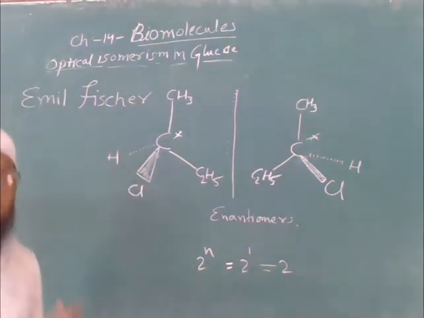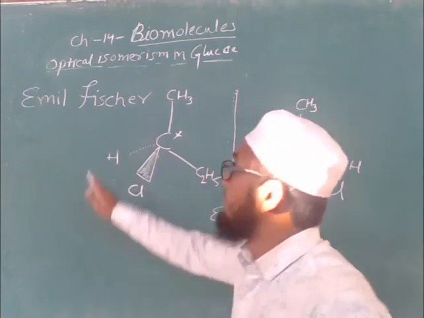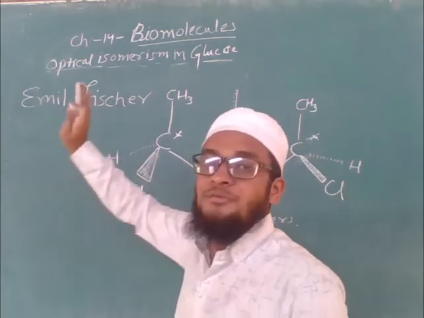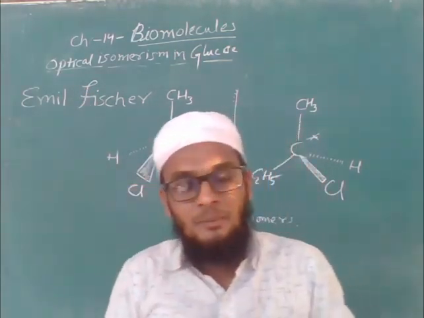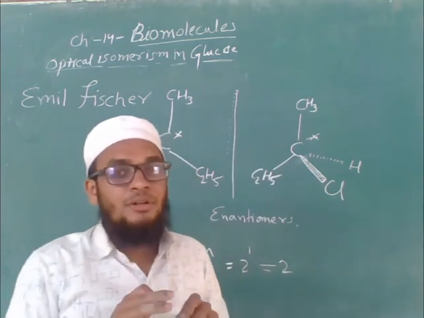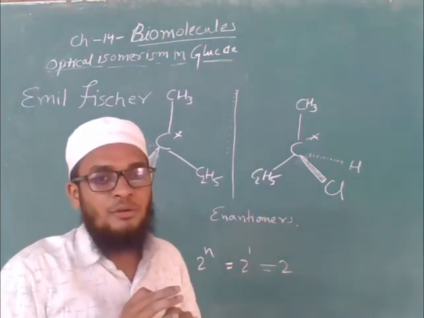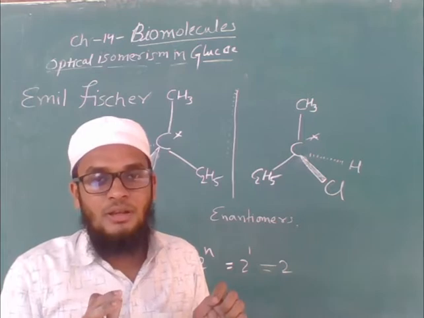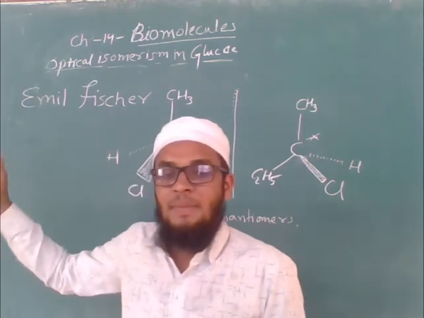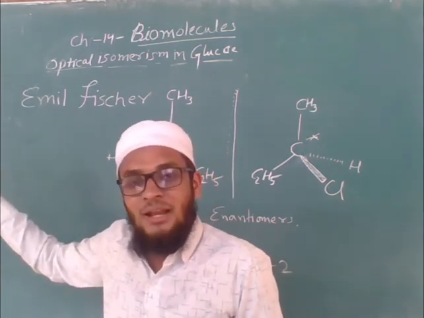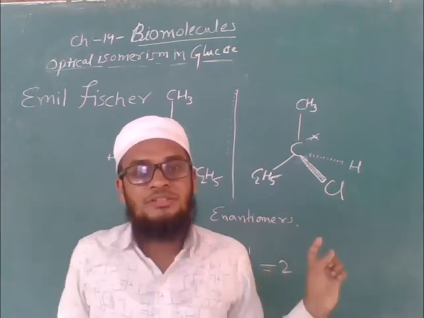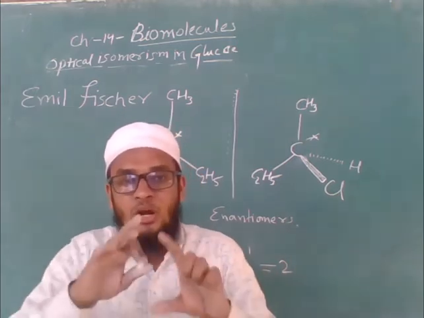This person has solved your problem. What was our problem? Our problem is to draw this 3D structure in our notebook. It's difficult. So this person has given a new method to draw this 3D structure in a cross formula.